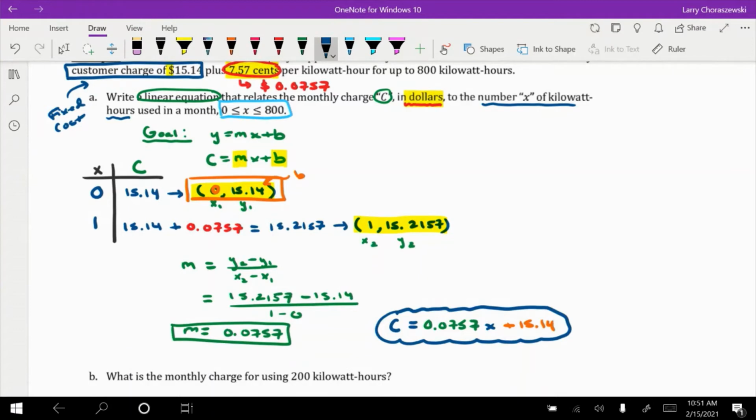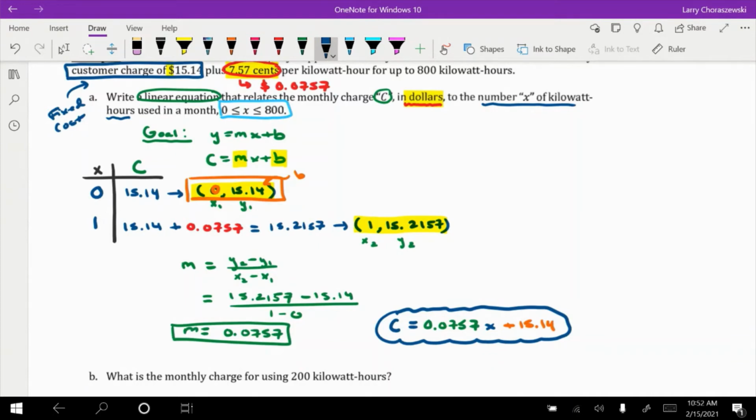Now, this equation is probably only good for up to 800 kilowatt hours based on the compound inequality in Part A's description. Anything beyond that probably gets modeled a little differently, but we don't have to worry about it. We just have to worry about the equation for when we use between 0 and 800 kilowatt hours.